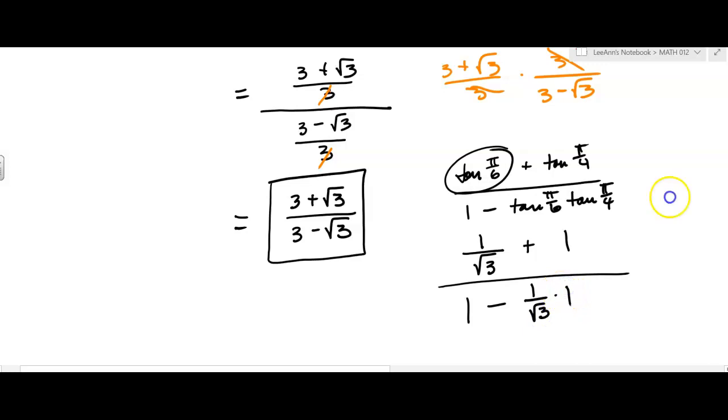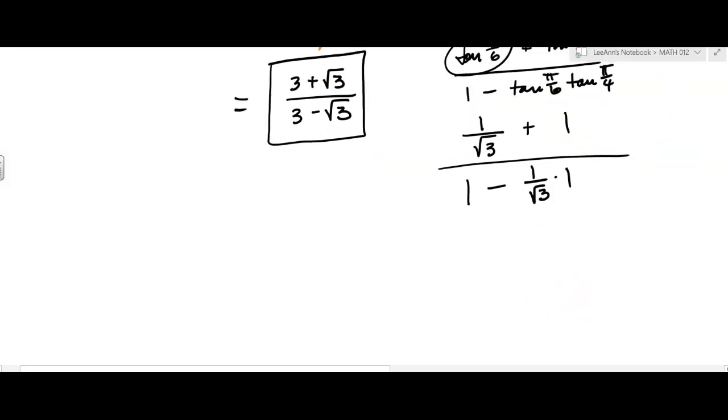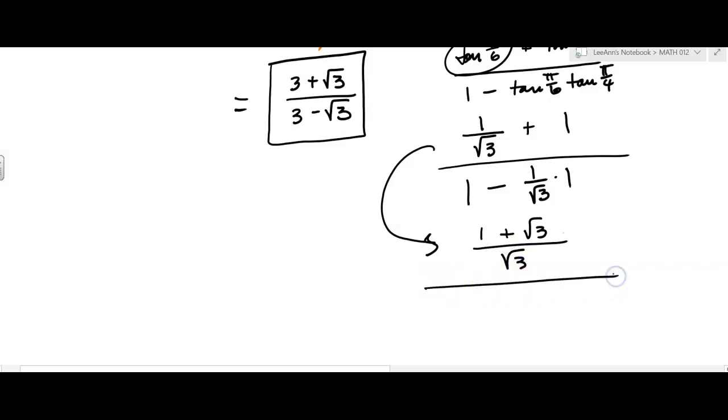Okay, so when we do that, in the numerator, we're getting 1 plus the square root of 3 over the square root of 3, okay? And then in the denominator, you're going to get the square root of 3 minus 1 over the square root of 3, and then those are going to cancel.